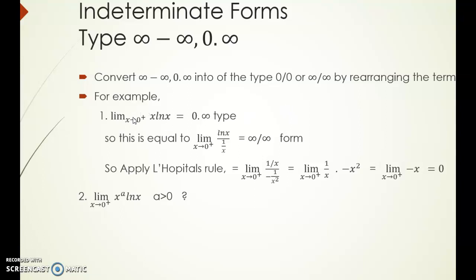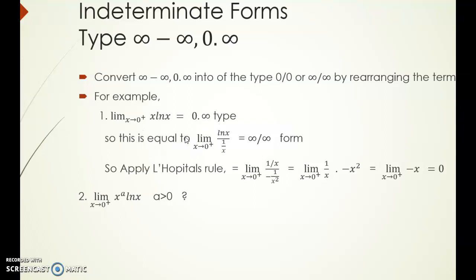For example, limit x tending to 0 plus x log x, which is equal to 0 into log infinity. Log is an increasing function, so log infinity is infinity, so this is of the type 0 into infinity. So we have to convert this into an infinity by infinity or 0 by 0 form.